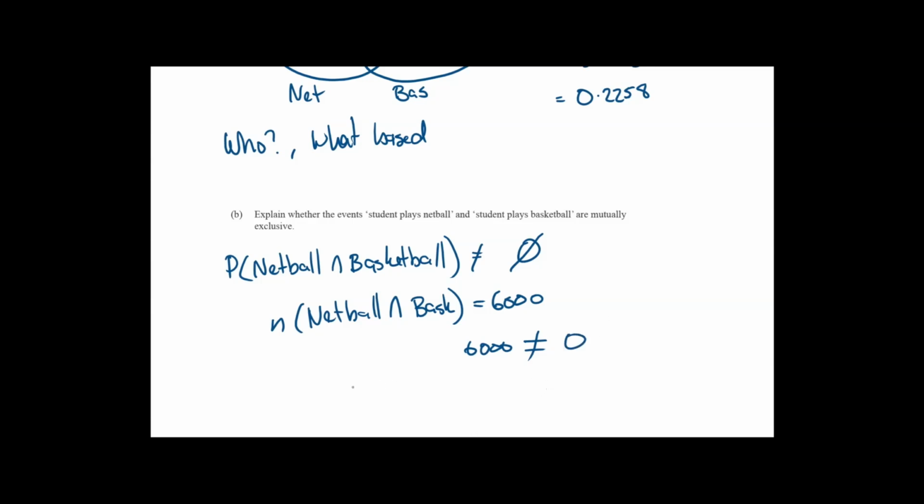If they were mutually exclusive, you'd have the numbers that do basketball here and the numbers that do netball here, never the twain shall meet. They're not the only options, of course, because there are other sports, but for us there is an overlap, so they cannot be mutually exclusive.